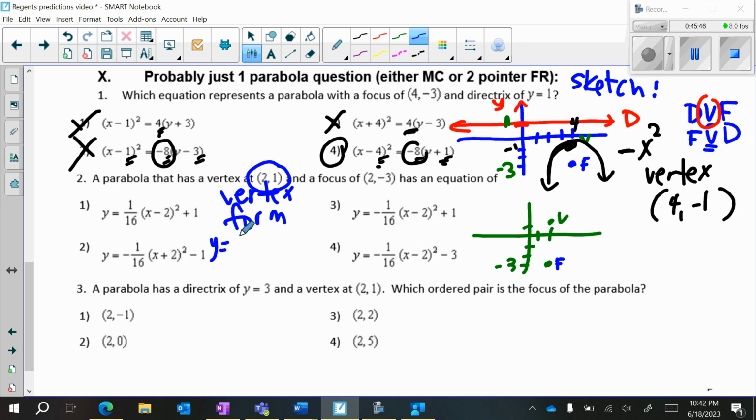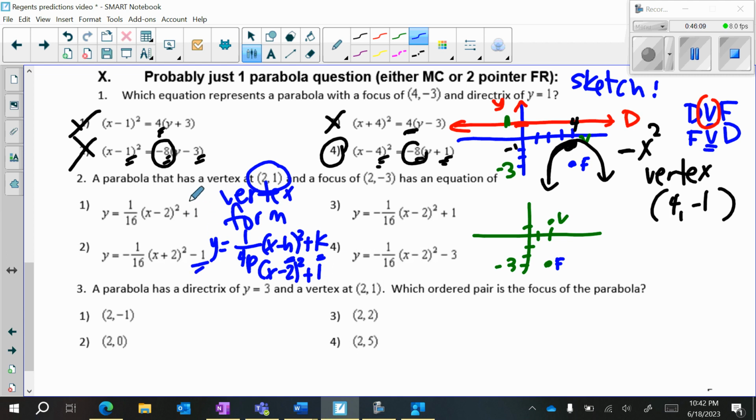And the format is y equals 1 over 4p x minus h squared plus k, where h comma k is the vertex. So basically, you know they're going to use 2, 1. The x minus h is going to be x minus 2 because that's in parentheses, it's going to change sign. And then the plus 1 is going to remain the same.